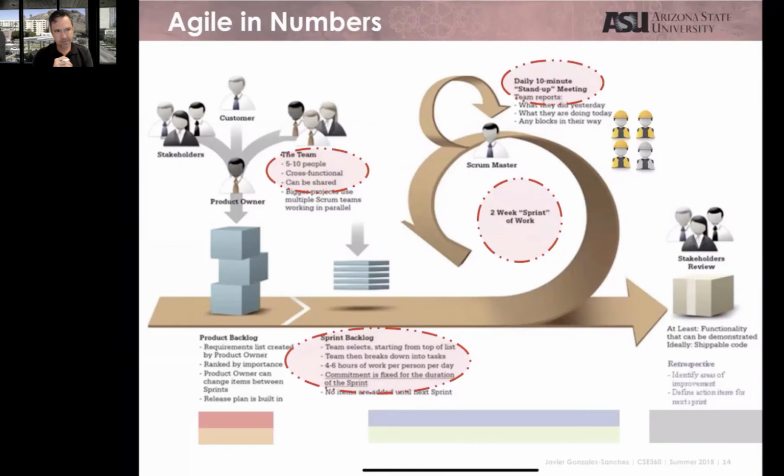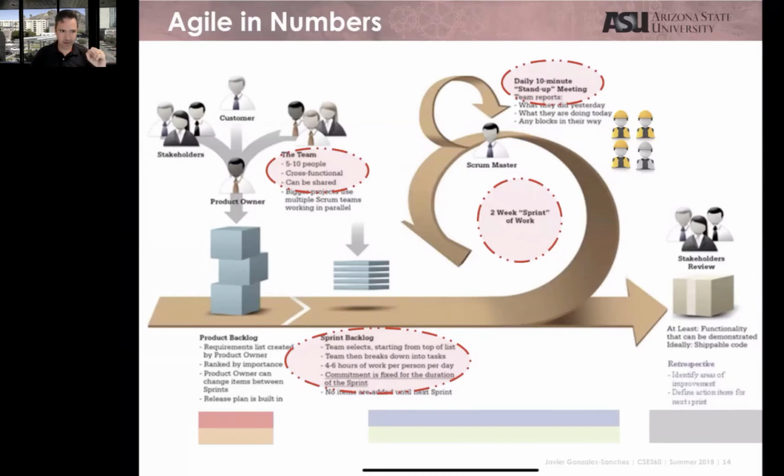Well, this works in the following way. And we're going to review the numbers, the people, and the arrows step by step. Because again, this is the process that you're supposed to follow in your project at the end of the semester, and also probably in other classes that you're going to take, like maybe a capstone project.